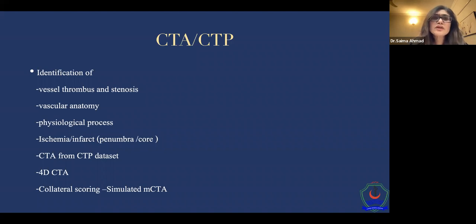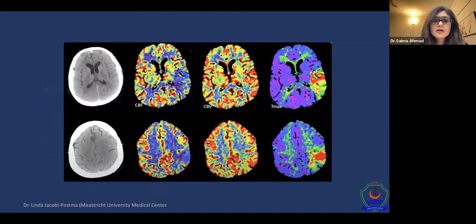And of course, one advantage of doing the CTP early is that you can obtain the CTA from the CTP dataset. Of course, 4D CTA can also be done from the CTP, and multiphase CTA can also be obtained from the CTP. You just have to push a button and the software does all this for you.